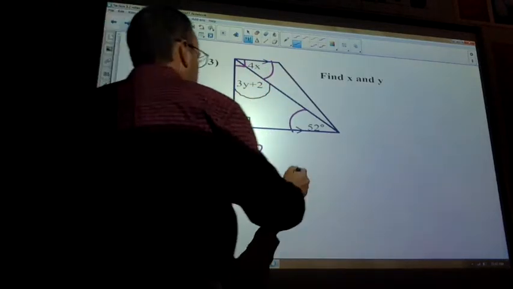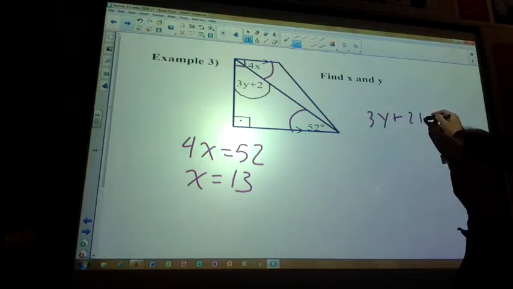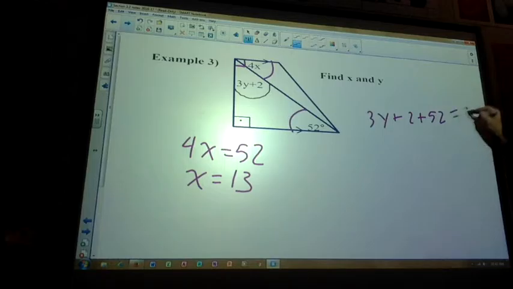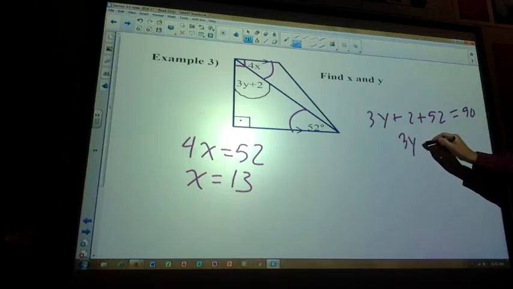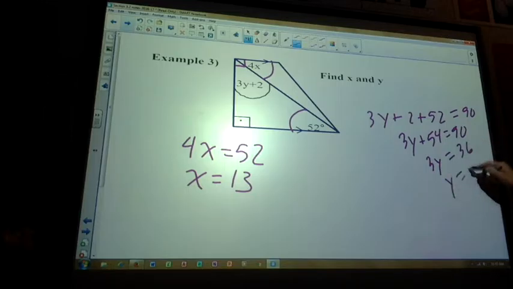So 3y plus 2 plus 52, because 4x is equal to 52, is equal to 90. So 3y plus 54 equals 90. 3y equals 36. y equals 12. Sweet.